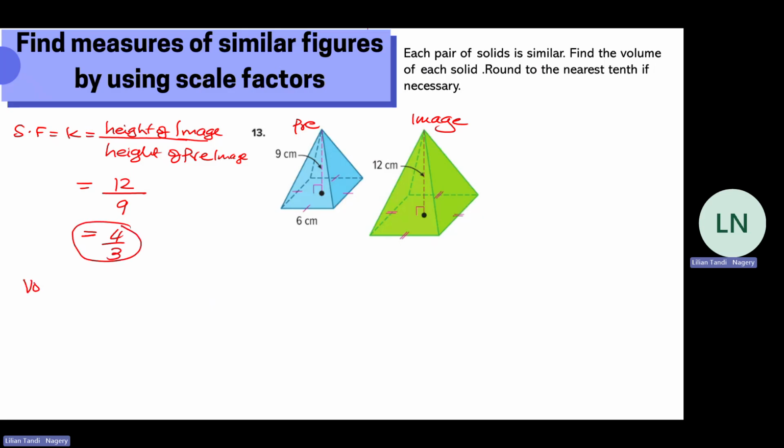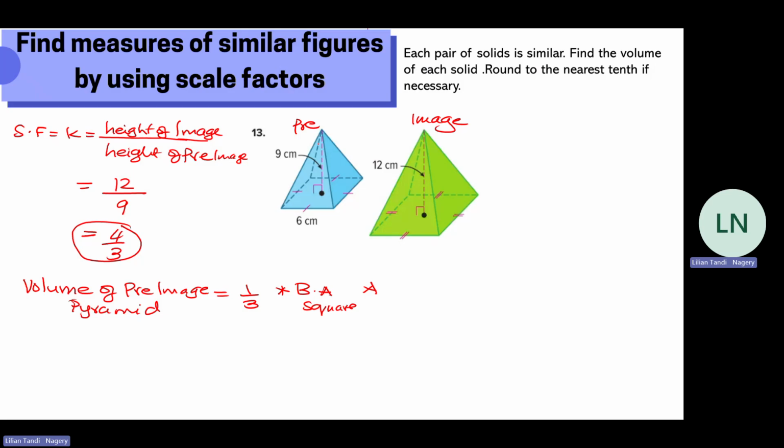Now let me find volume of pre-image. And it is a pyramid. And because it is a pyramid, I will use 1/3 times base area, which is a square. How do I know? I have congruency tick marks. So that is a square.